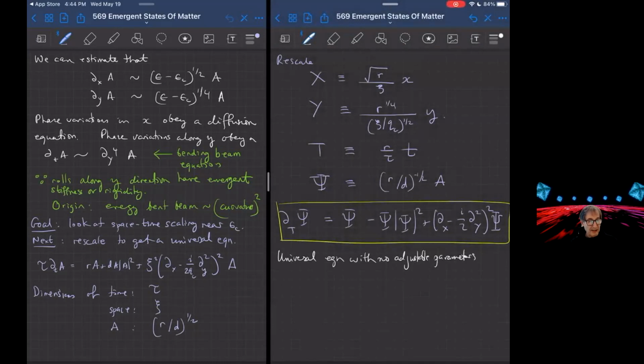And you can do the same thing, by the way, in superconductivity or in superfluids.